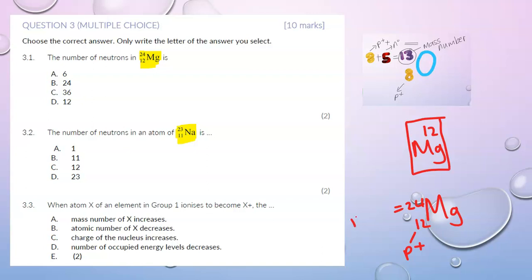And that is equal to the protons plus the neutrons. Okay, so if I have 12 protons, it means in this case I also have 12 neutrons, because 12 and 12 makes 24. They are asking us for the number of neutrons, and that is what I determined just there.